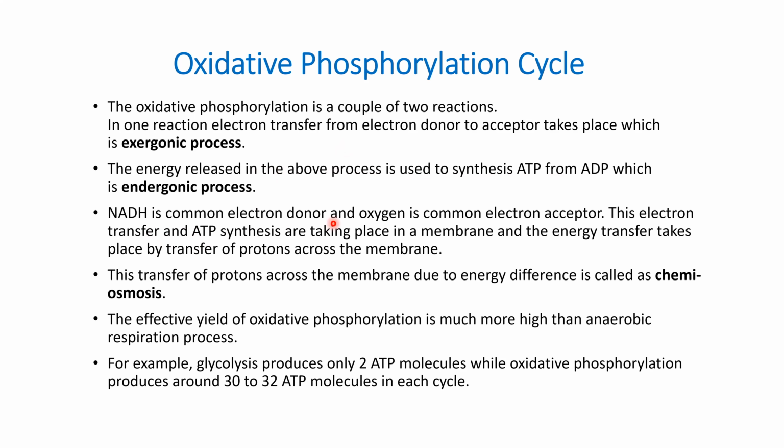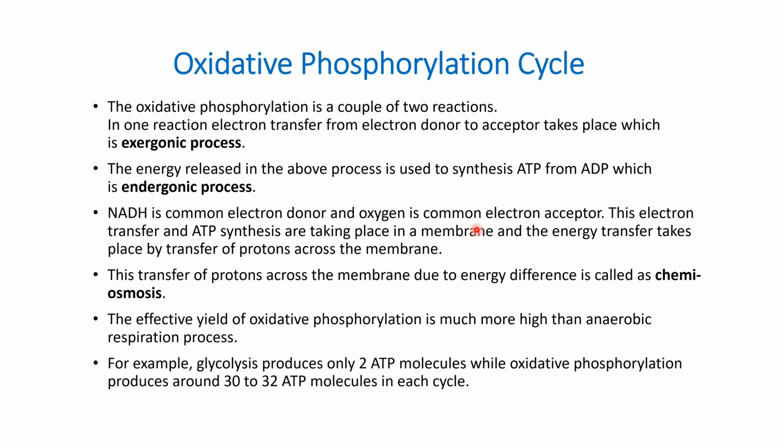NADH is the common electron donor and oxygen is the common electron acceptor. You have to keep in mind that in oxidative phosphorylation, the key electron donor is NADH, and the common electron acceptor is oxygen.